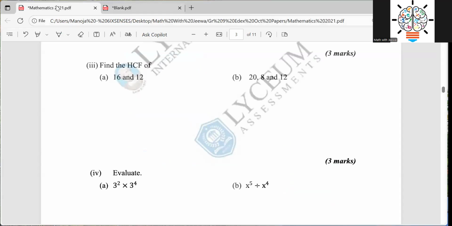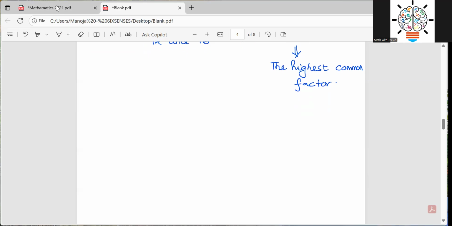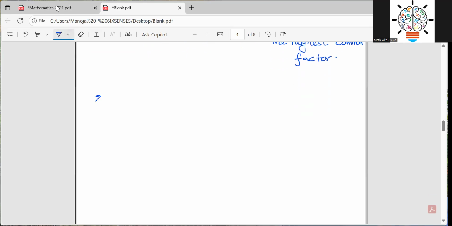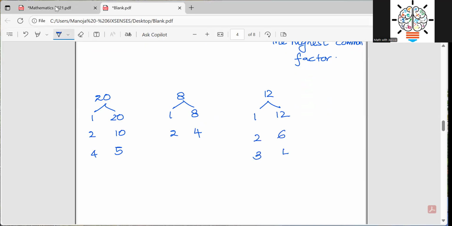Then 20, 8, and 12. We do the same thing, right? If you have practiced any other method, totally fine. You can continue with that, but you just see how easy this is. 1 times 20, 2 times 10, and 4 times 5. 1 times 8, 2 times 4. 1 times 12, 2 times 6, and 3 times 4.